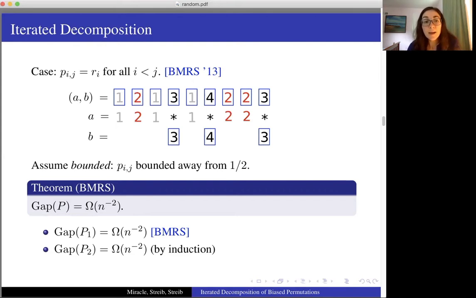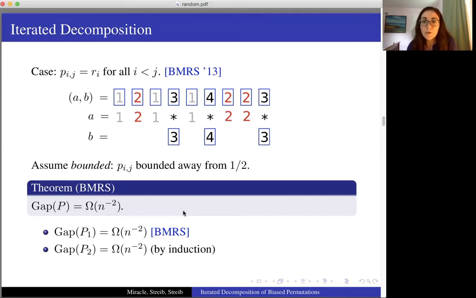In that case, you also get 1 over n squared for the gap for A. And basically, you can repeat this procedure, and each time you get a bound of 1 over n squared on the gap, and because each of these is independent, you get a bound that's 1 over n squared overall.